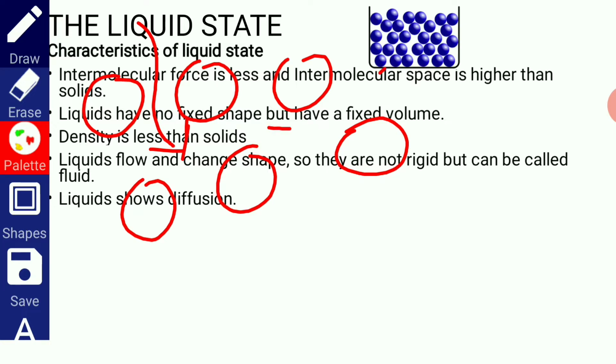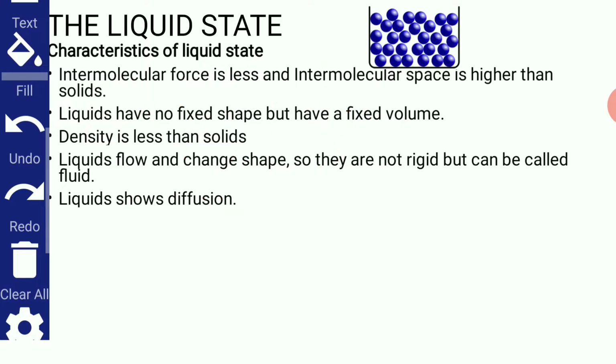This side, this side, this side, and this side. Since the space is free, particles of other matter can occupy the space present between the particles of liquid. So we can say that the particles of matter are intermixing, they are mixing with each other. So liquids have the ability to get diffused, or the liquid shows diffusion.